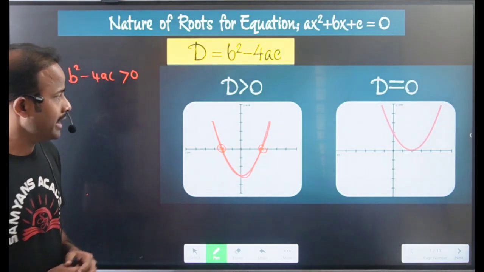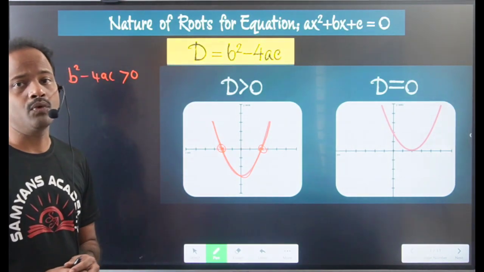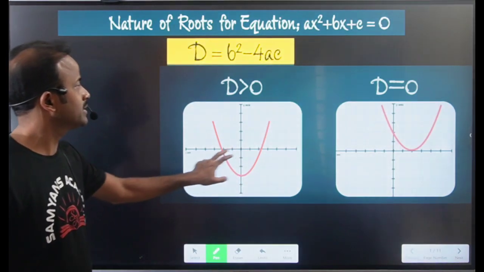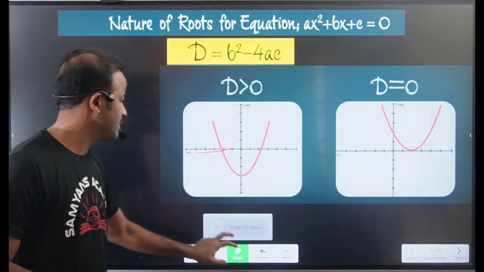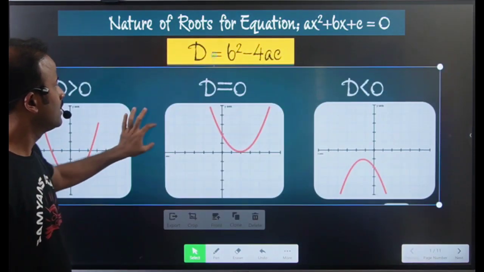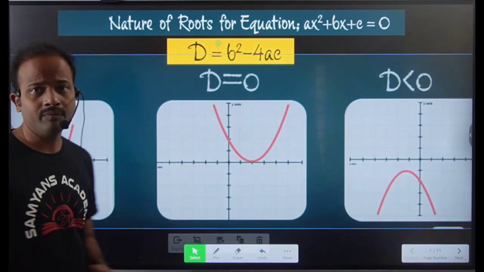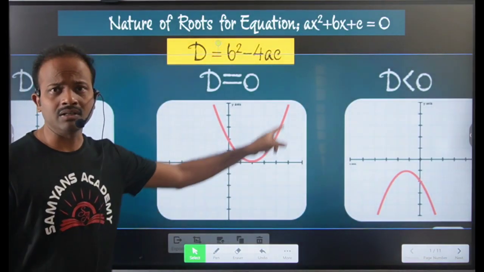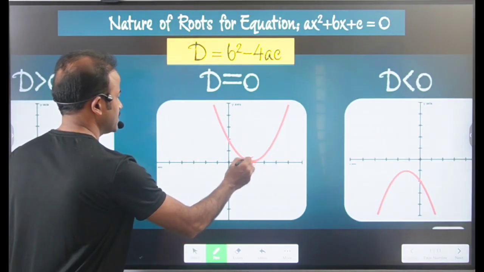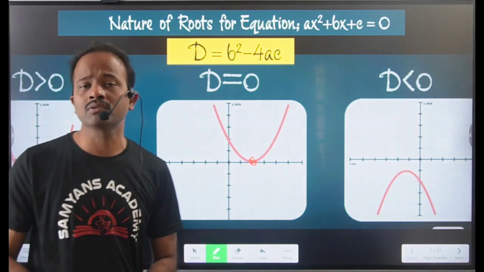When the b square minus 4ac value is equal to 0, what will you get here? Observe this graph: it cuts the x-axis at only one point. For a quadratic equation, how many roots exist?